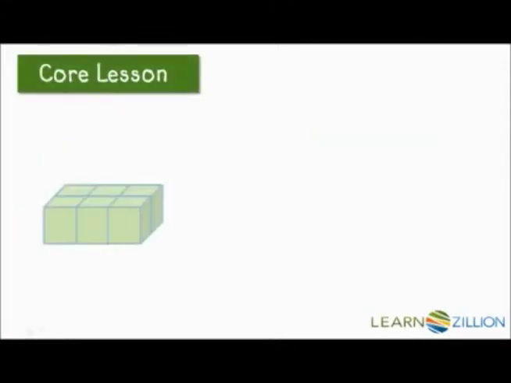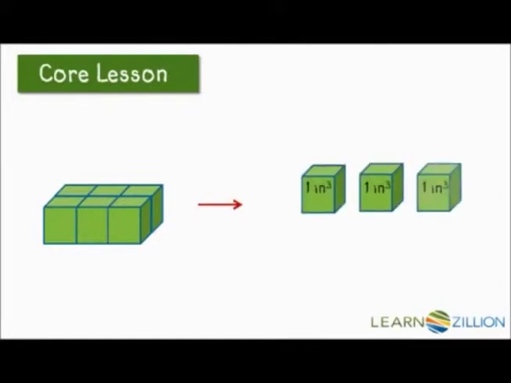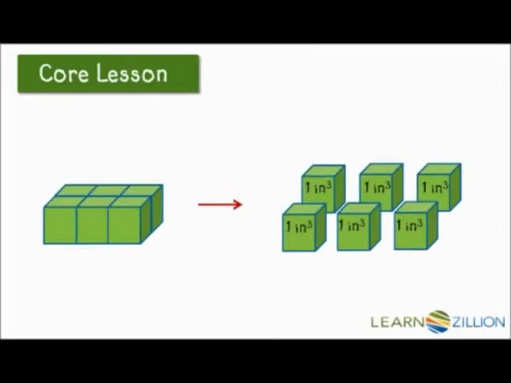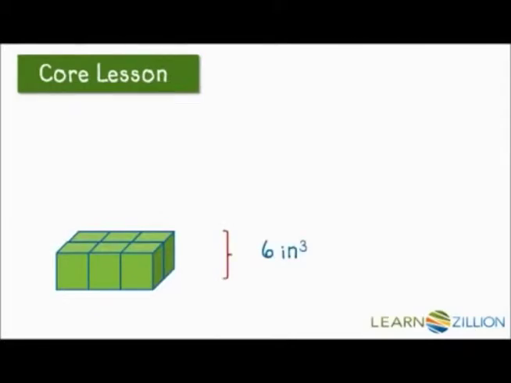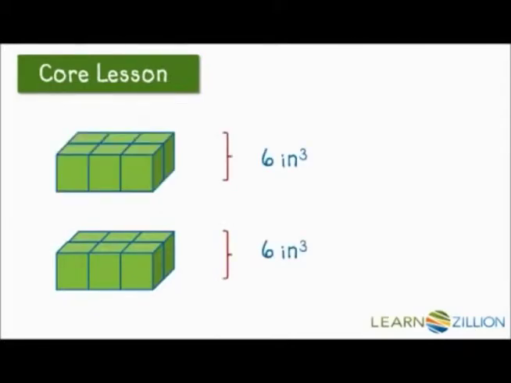So let's analyze just 1 layer. When I look at it, I see that it is made up of 1, 2, 3, 4, 5, 6 cubic inches. Interesting information. So I know that 1 layer is 6 cubic inches, but I know that there were 2 layers in that prism.